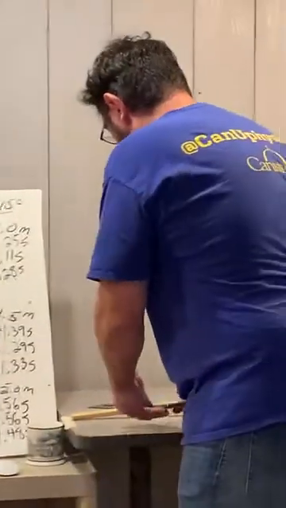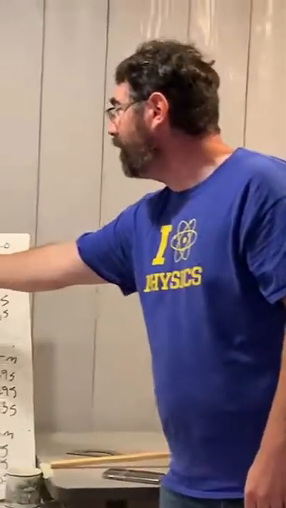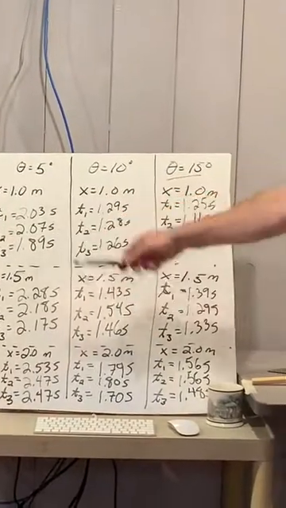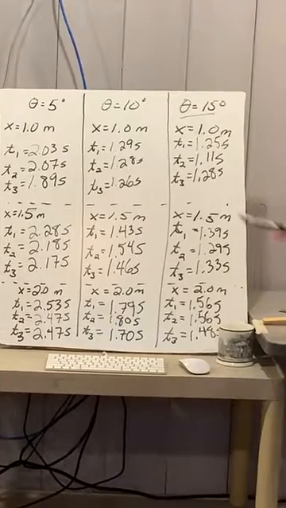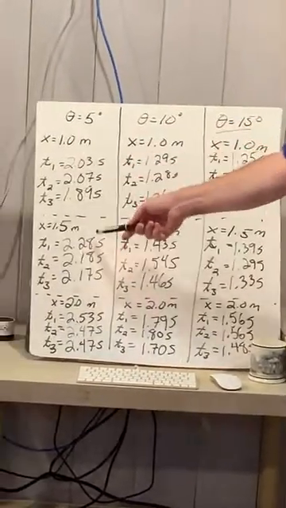Okay, so we've collected all of our data. So we now have data at 5 degrees, 10 degrees, 15 degrees. We've got 3 measurements at every distance, so there are 3 times. So now what you need to do is just average the 3 times for each distance at each angle, and then make 3 graphs.